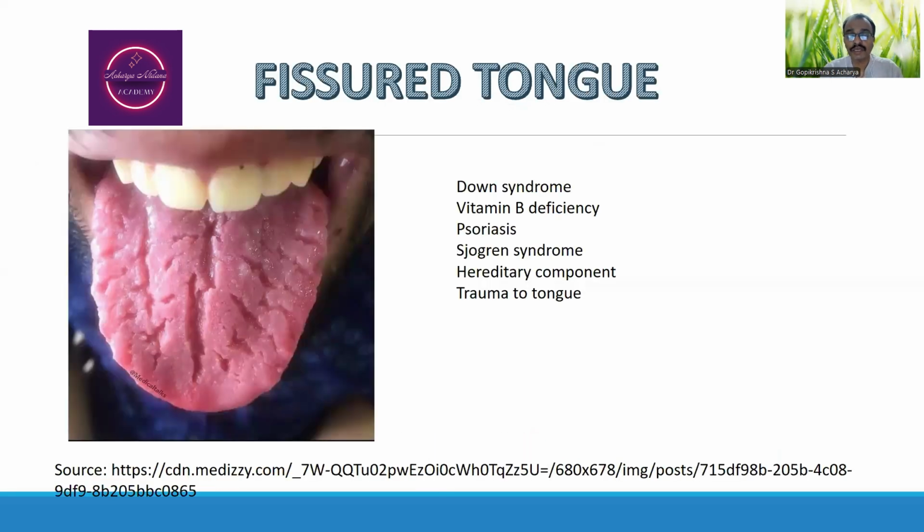This is considered to be fissured tongue. This is specifically seen in persons who have Down syndrome, in case of vitamin B deficiencies, in case of psoriasis. Psoriasis is a skin disorder, whereas it is also present in case of Sjogren's syndrome.